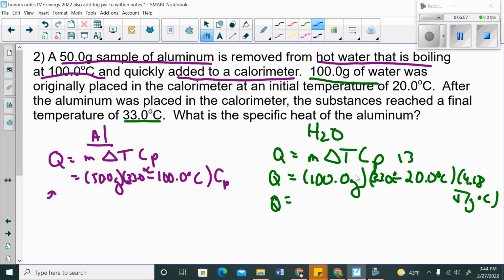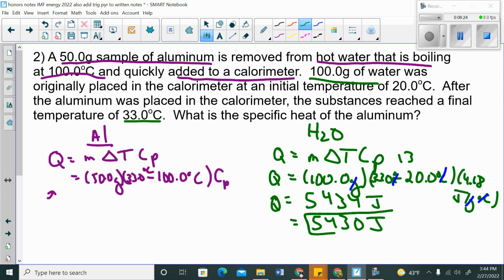If you cancel gram and Celsius, you'll be left with heat. So it's 100 times 13 times 4.18. You get 5,434 joules. Again, it's 3 significant figures, so round this.